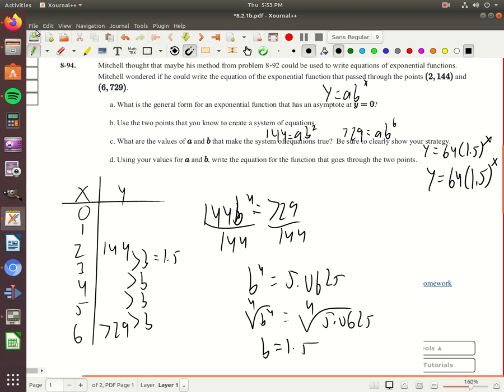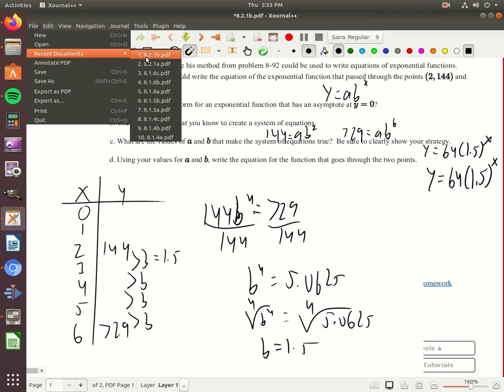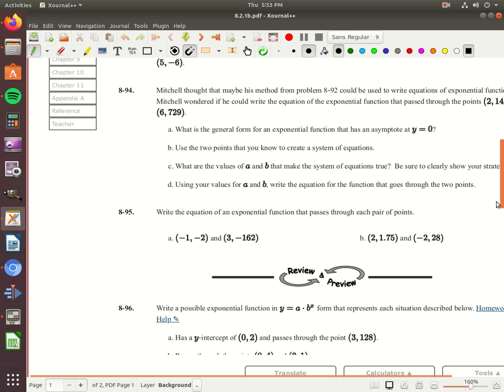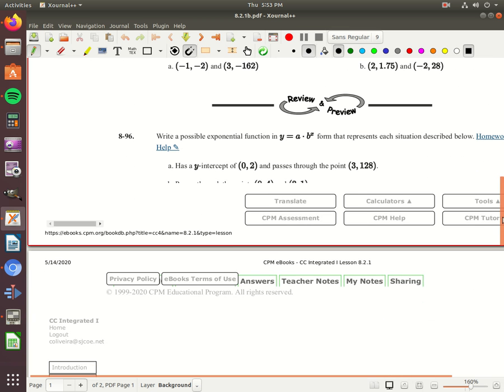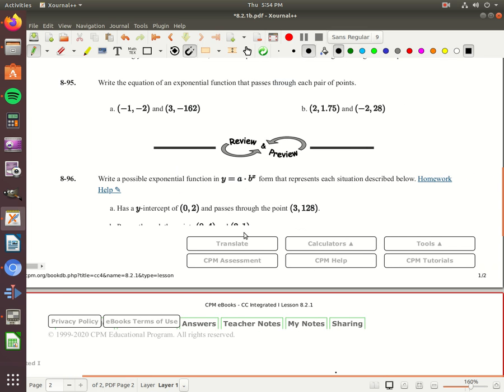I think what I'll do at this point is I will reopen this and go down here, and it's asking me to do these two equations. And I think what makes sense is, what if I do one the book way and then I do one my way, and we'll kind of go from there.